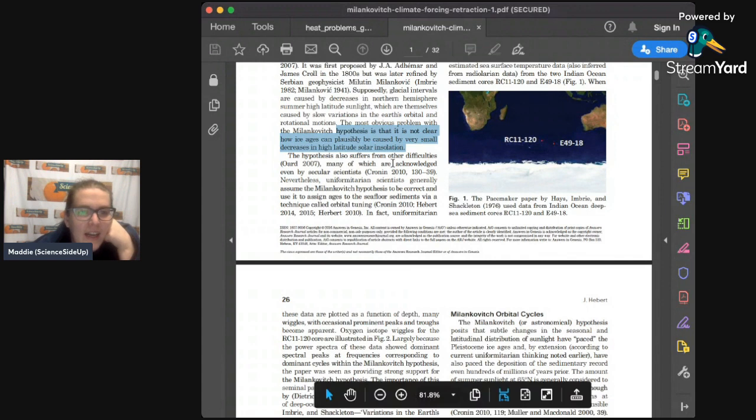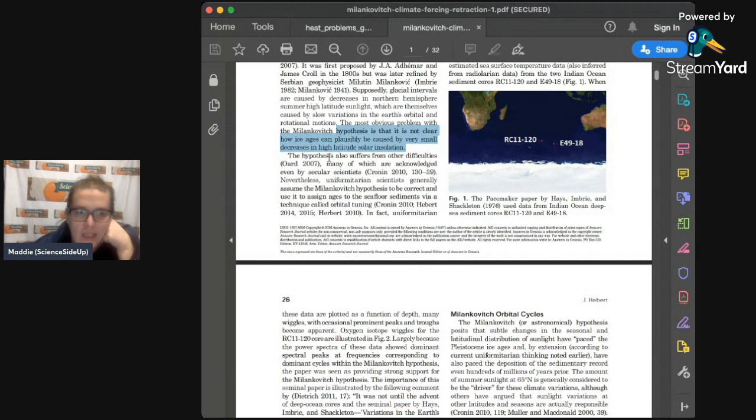By saying that it is not clear how ice ages can be caused by very small decreases in high latitude solar insolation, then explain to me how seasons work. We have huge differences in average temperature between summer and winter at those high latitudes.